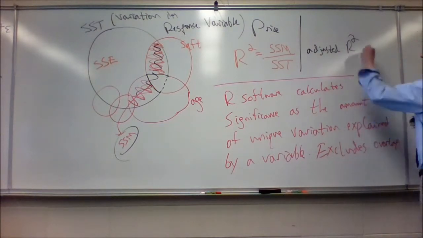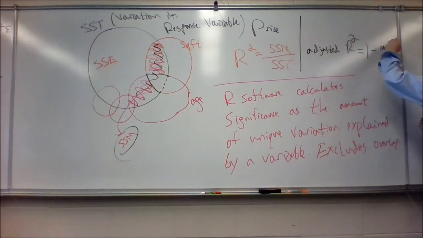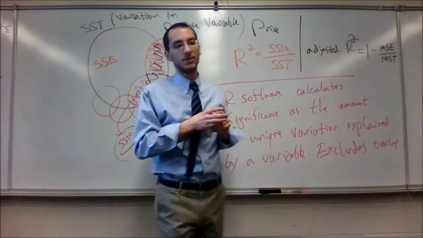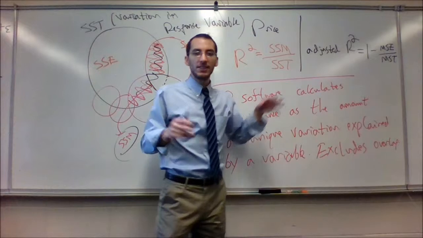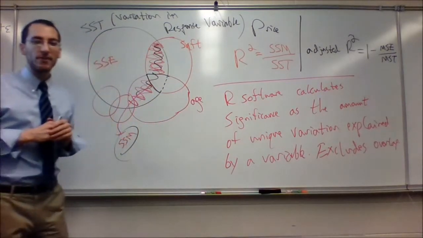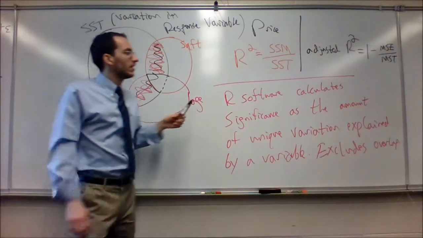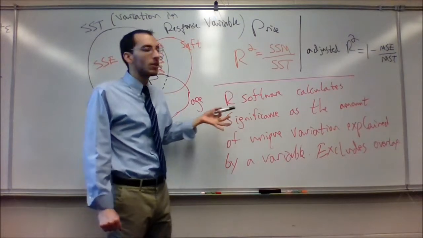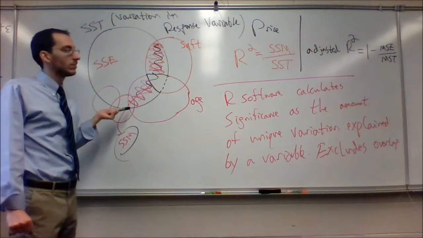And you can look up the formula, but one way that it's written is 1 minus the mean square error divided by the mean square total, which you can get from the ANOVA table we looked at in the other video. There are mathematical ways to connect these things. Not worried about that for this class. But just the idea that, yeah, I can still say that the model explains some percentage of the total variation in price in my response variable.